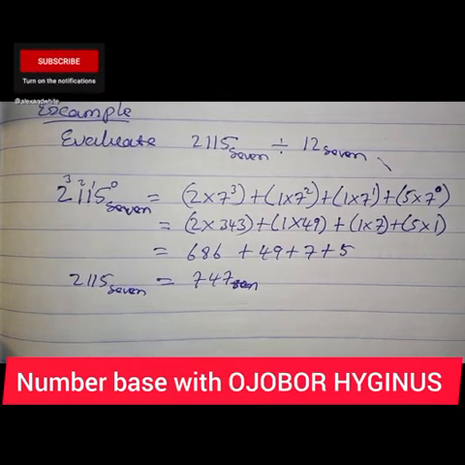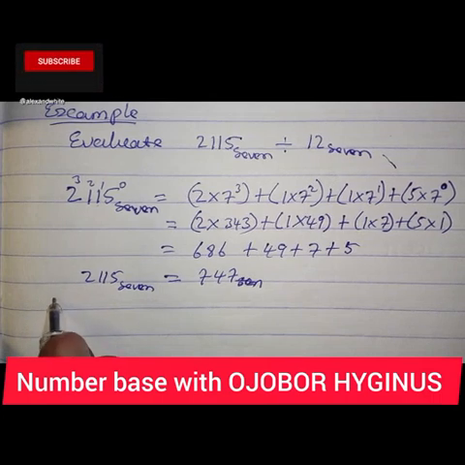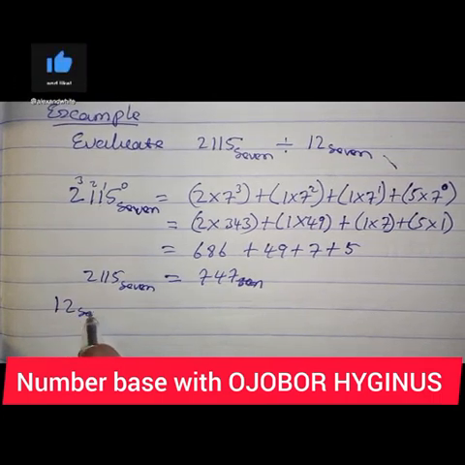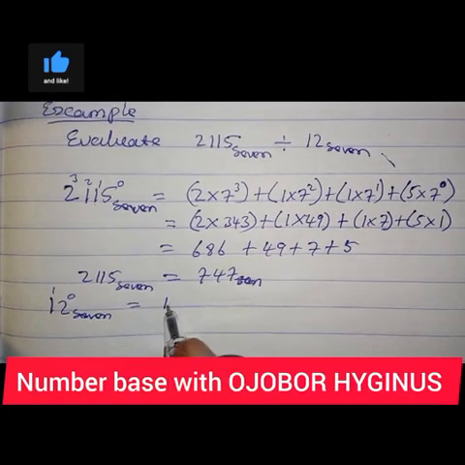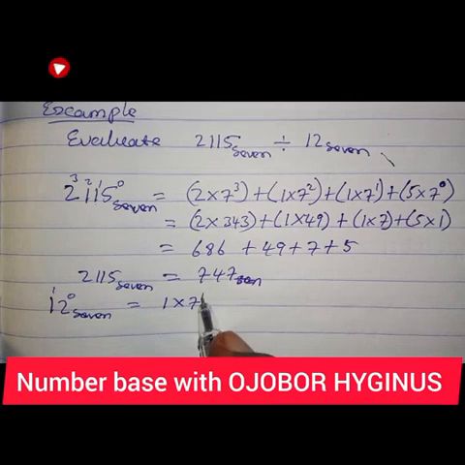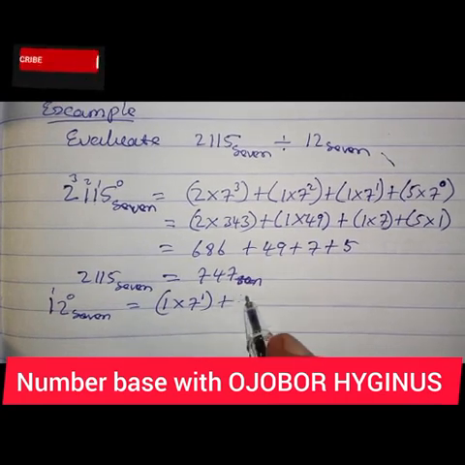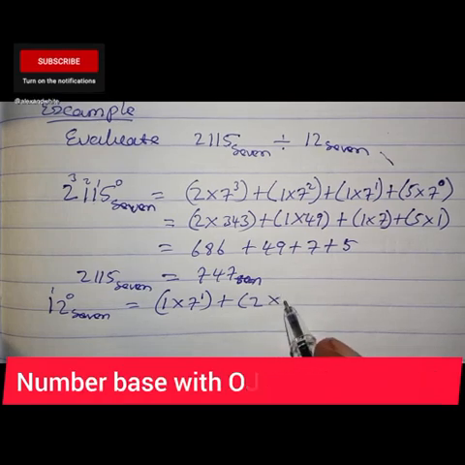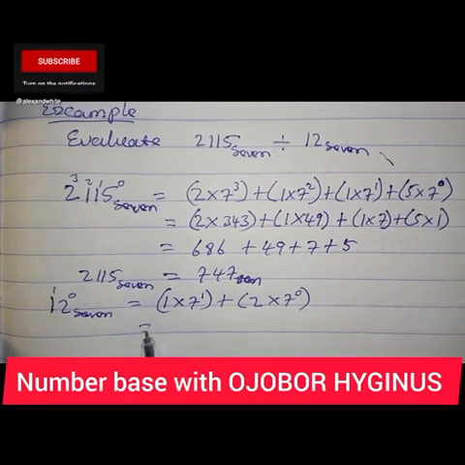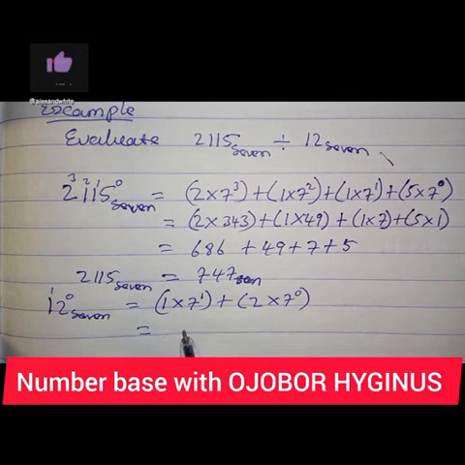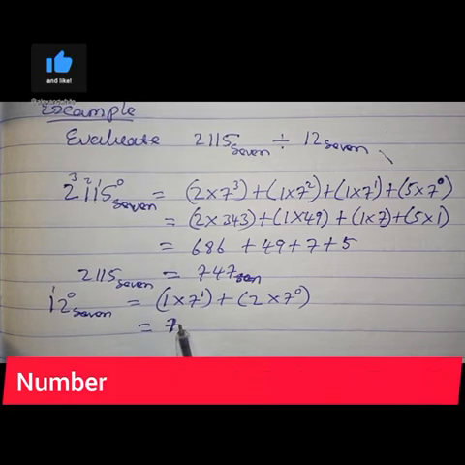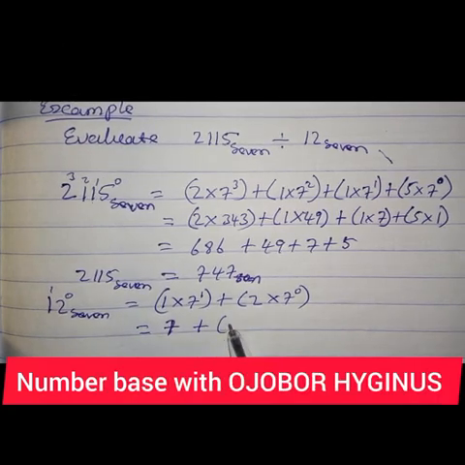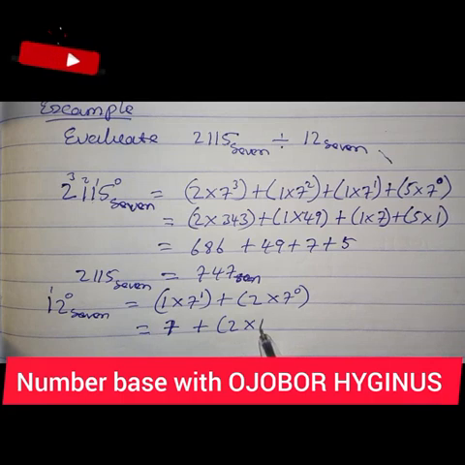Then we do the same for the second number, 12 base 7 to base 10. We assign it 0, 1. So we say 1 times 7 raised to the power of 1 plus the second digit 2 times 7 raised to the power of 0. If we simplify further, we have that 1 times 7 raised to the power of 1 is 7 plus 2 times 7 raised to the power of 0 is 1.